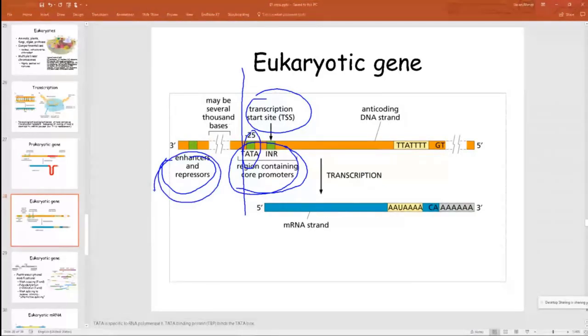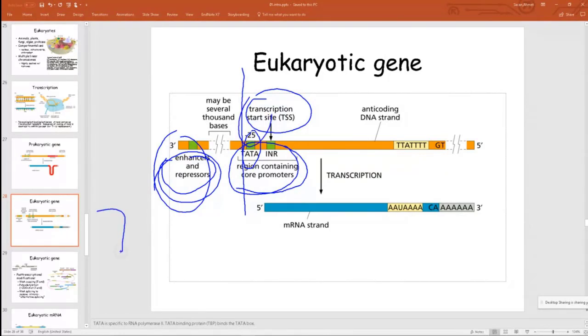Okay. And the way that they are able to control the transcription is because the DNA molecule isn't just one long linear string. It sort of folds back onto itself. It's wrapped on histone molecules. So as a result, this portion of the DNA would be spatially in close proximity to this portion of the DNA.